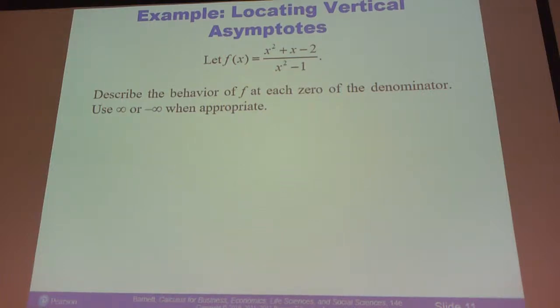And I'm going to ask you to also check if you're right, graph it. Use your calculator to graph it. But we're going back to vertical and horizontal asymptotes. We can keep it the same window, negative 5 and 5, negative 5 and 5.